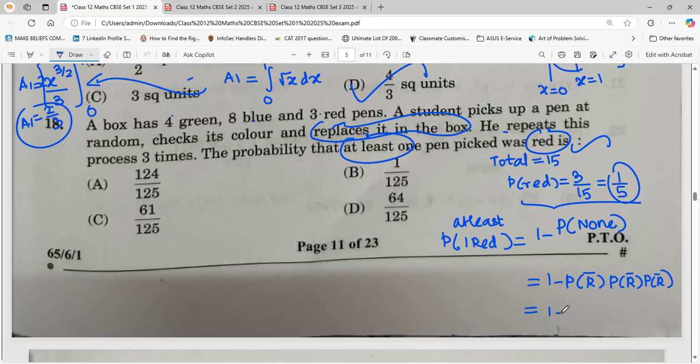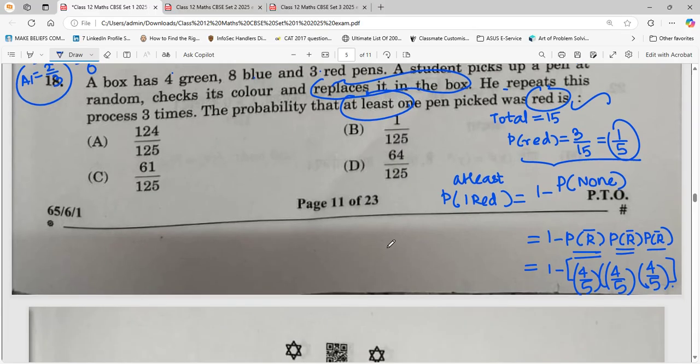So 1 minus probability of not picking red each time is 4 by 5 into 4 by 5 into 4 by 5. So 1 minus 64 divided by 125. So the answer should be 61 divided by 125. So the answer is option C.